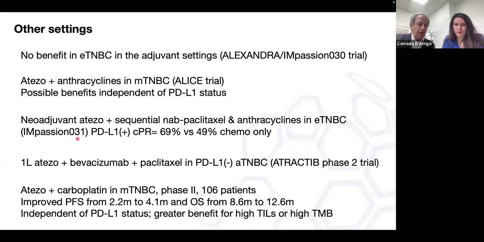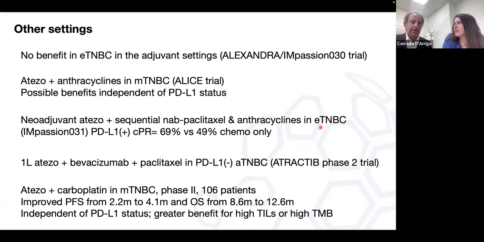Now, this is a trial, IMpassion031, of neoadjuvant, so treating before surgery, Atezo plus sequential NAB-paclitaxel, and then anthracycline in early disease. And it's also what we define as early, because it's probably not having distant metastasis. So again, I'm not really very knowledgeable about this, but then it wouldn't be treated in any case.